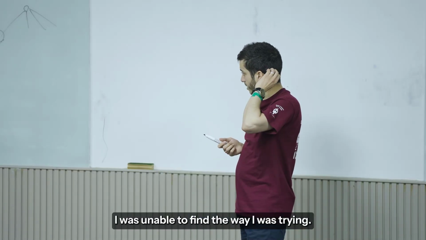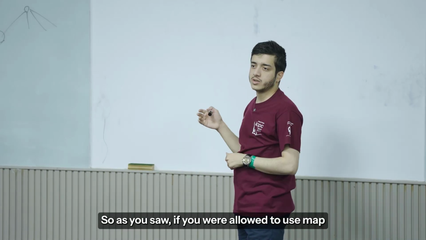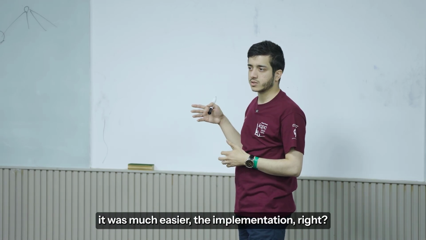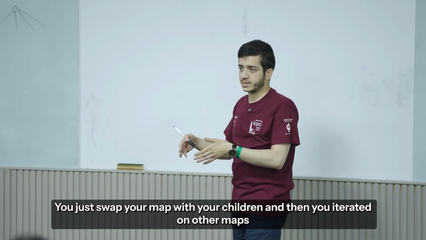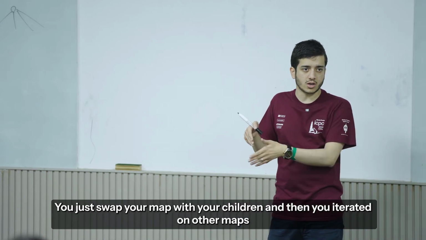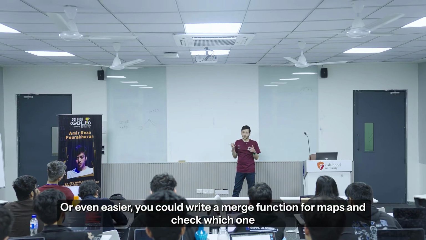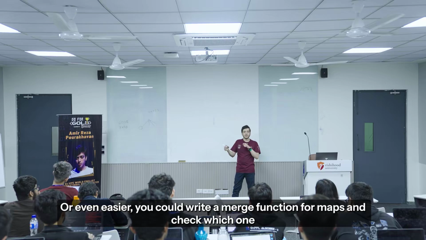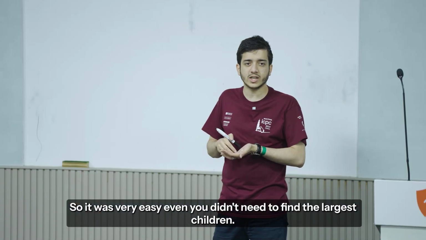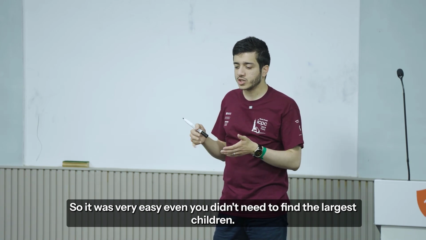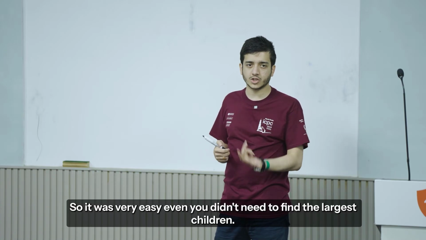I was unable to find the way I was trying. So as you saw, if you were allowed to use map, the implementation was much easier, right? You just swap your map with your children's, and then you iterate on other maps, and that's it. Or even easier, you could write a merge function for maps and check which one is greater and pour one into the other one, that's it. So it was very easy, you didn't even need to find the largest child.